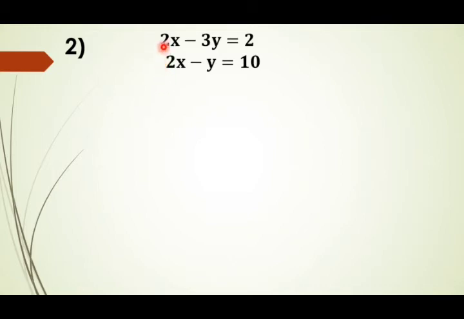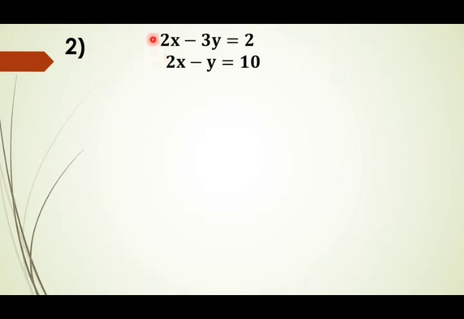Pero pag yung isa sa kanila ay ginawa mong negative, pag pinag-combine mo, magiging 0. Samantalang dito naman sa numerical coefficients ng y, 3 yung number nung isa, 1 naman dito. Parehas pang negative. So, di hamak mas madaling mag-manipulate sa variable x.